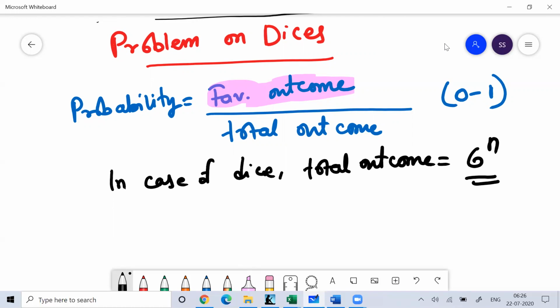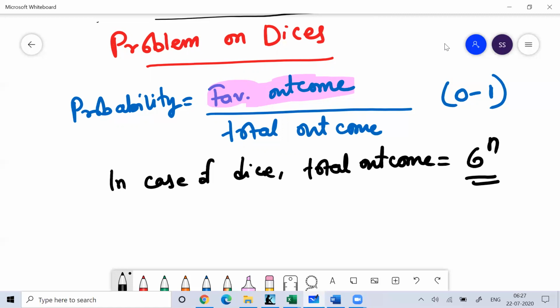If two dice are there, then the total outcome would be 36. If three dice are there, the total outcome would be 216. If four dice are there, the total outcome would be 1296. So we are clear with the fact. You will not get a problem with more than four dice. The maximum you can get in a competitive exam would be a four dice problem.